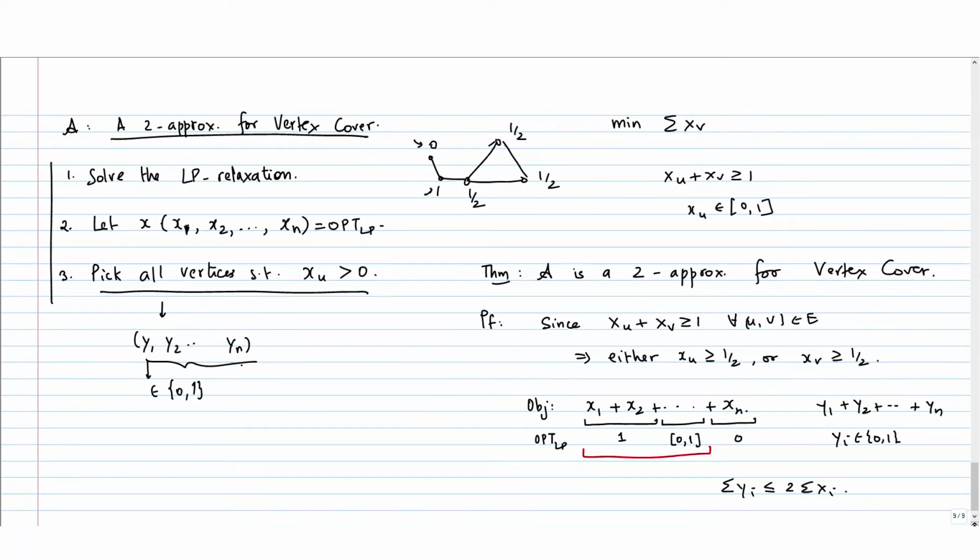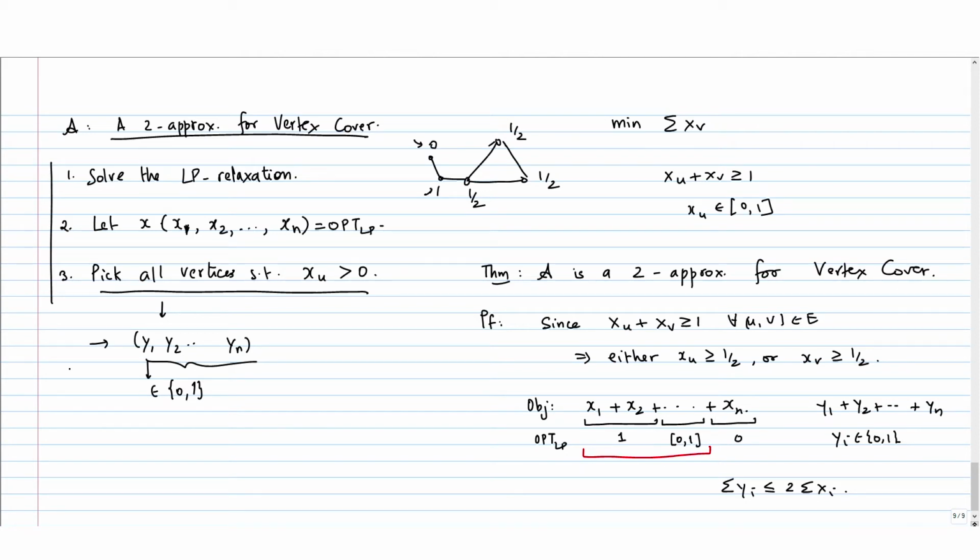So, what we produce here is an integer solution. The y i's are the integer solution, it is 0 or 1. The fractional solution of the relaxation problem can be used to find a lower bound of the optimal solution.